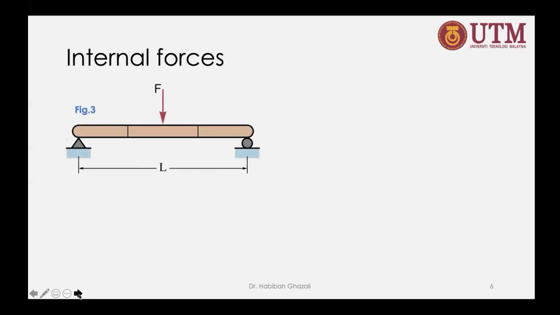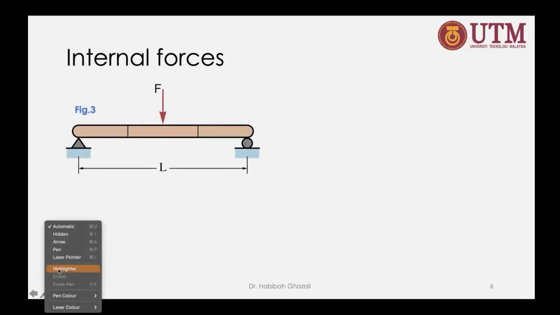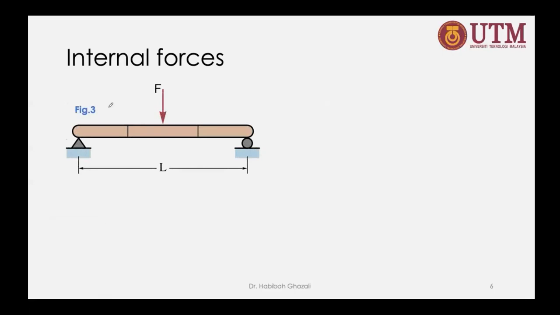Okay, so we can calculate internal forces using the method of section. But I want you to imagine this beam here. I have 3 sections of this beam, and I weld them together. So I have section number 1, section number 2, and section number 3.